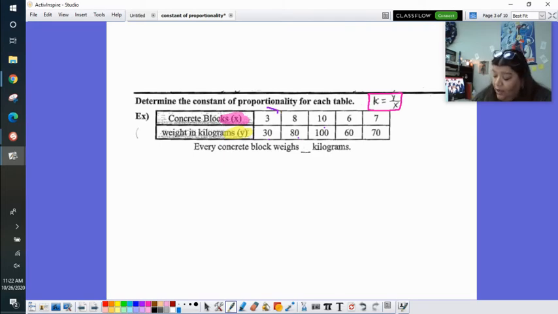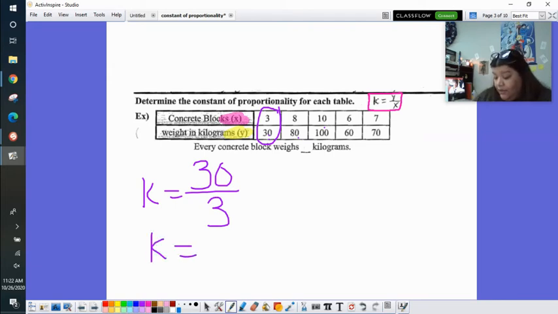Okay. So I'll pick the first one because I don't mind. I like the 10s. They're by 10s. So I'm going to do K equals, what is my Y? It's 30. My X is 3. I can do this mentally. 30 divided by 3 is 10. So 10 kilograms it goes by.